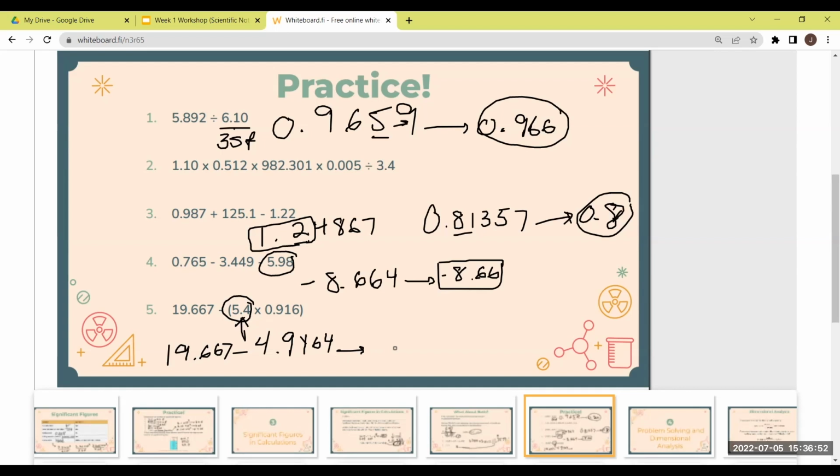So I got 1.47 times 10 to the 1. So this is going to be 14.7. And then we only take two significant figures here, so the answer is going to be 15.